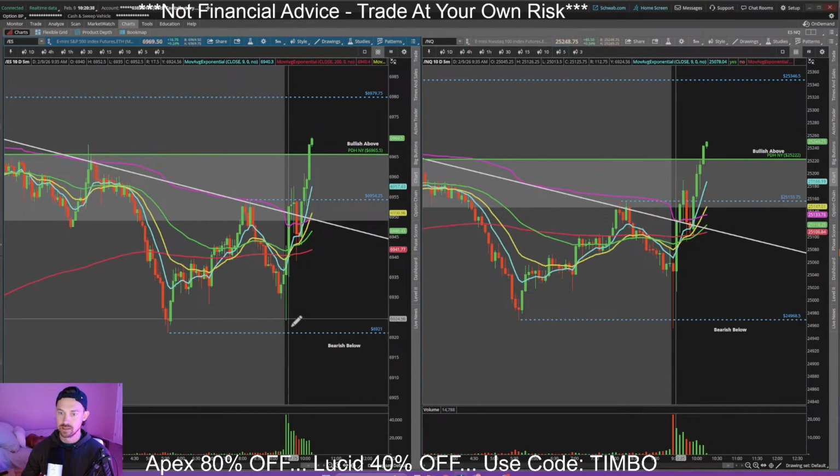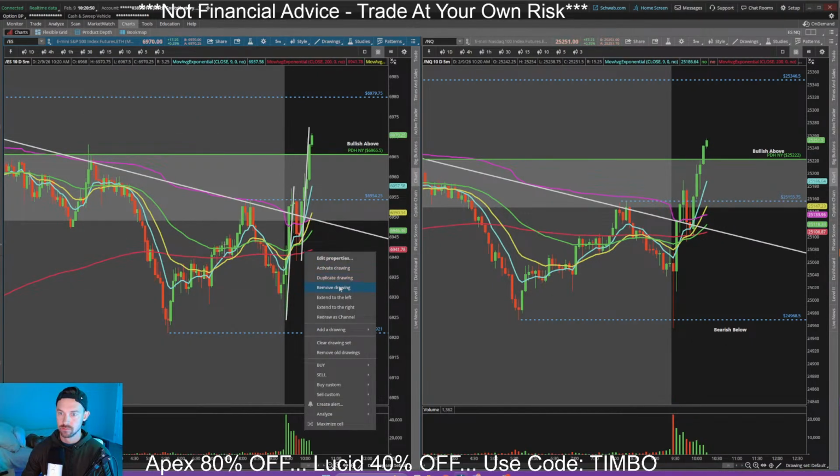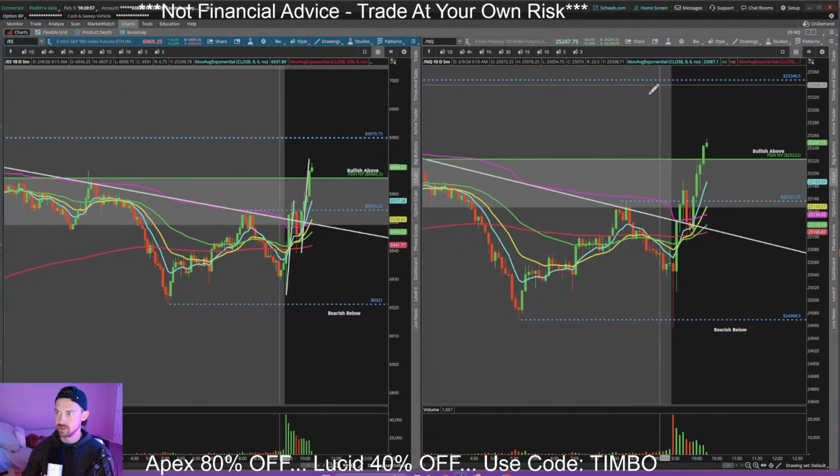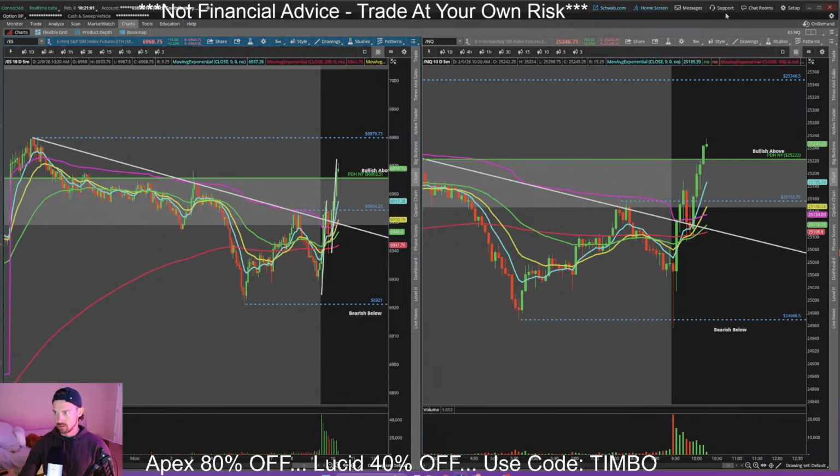We'll see ES. ES is pretty close to its measured move from the morning push. But I think we're probably going to go test this pre-market overnight high, I would imagine.